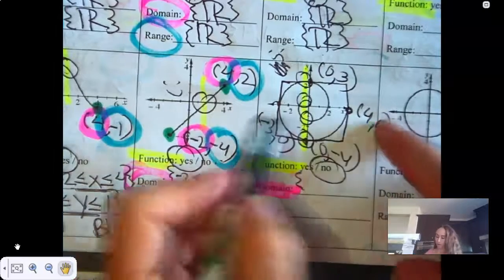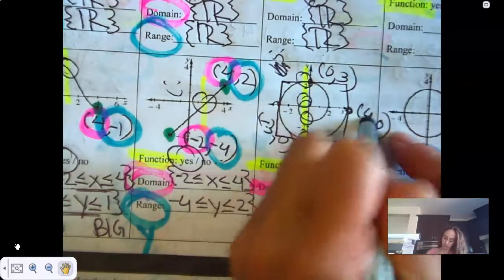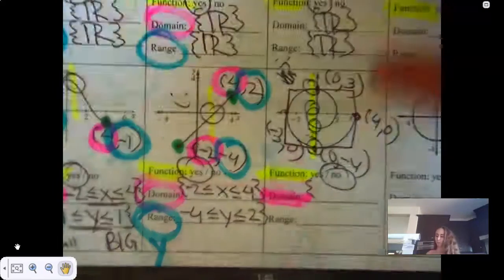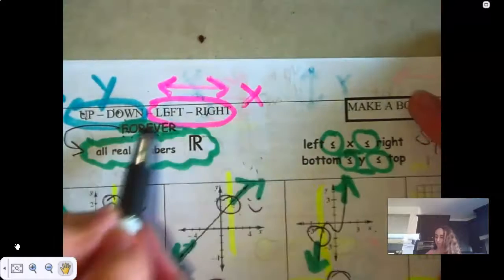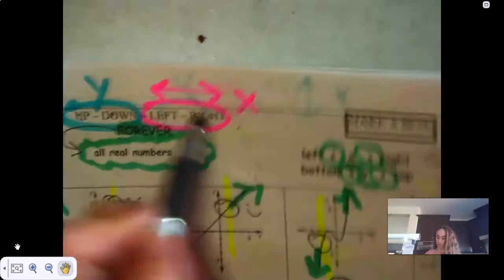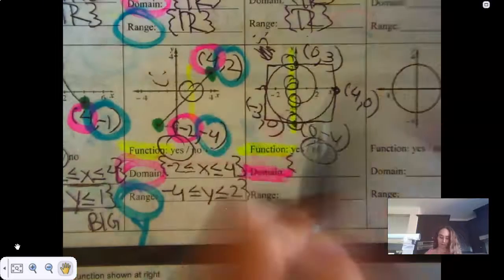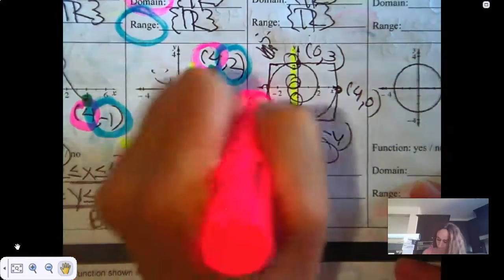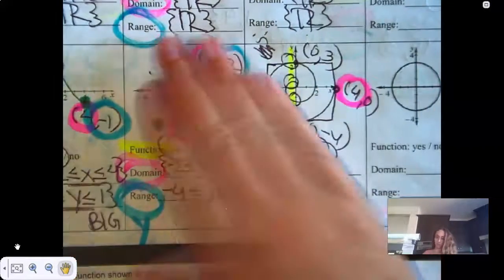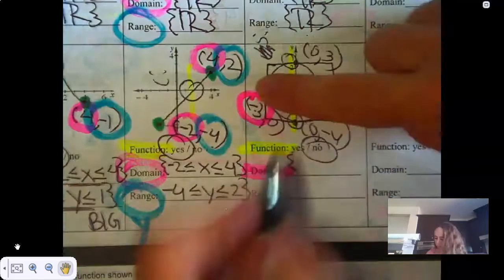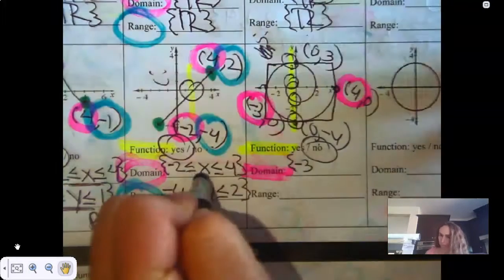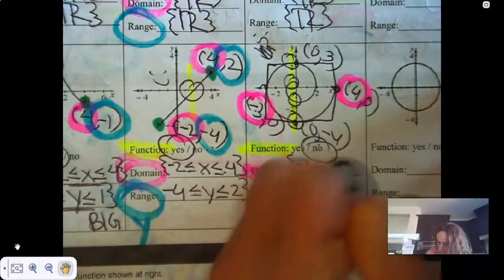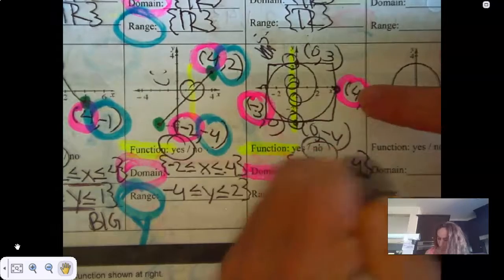So domain is my x. Well, I have an x here, I have an x here, I have an x here, and I have an x here. But remember, x is left to right. So left, right. So now small, less than or equal to x, less than or equal to 4.